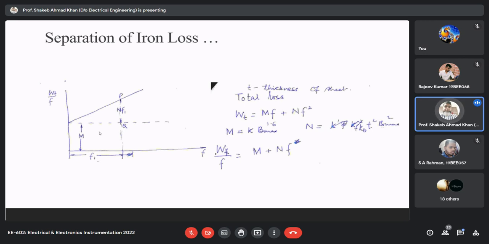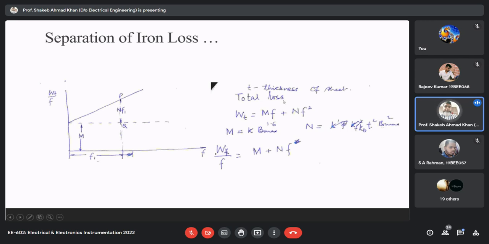This is a graphical method. While performing the experiment, because we are varying the frequency, we should vary it keeping in mind that the V by F ratio should remain the same. So accordingly, you should vary the voltage also so that the V by F ratio remains constant. That ensures that the flux density in the core remains constant, and then we can use this method.